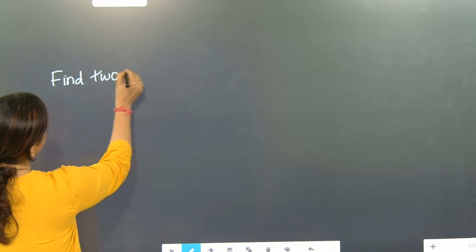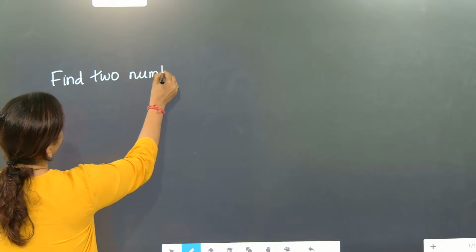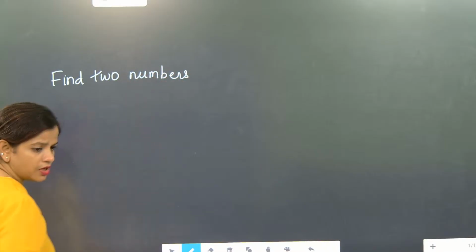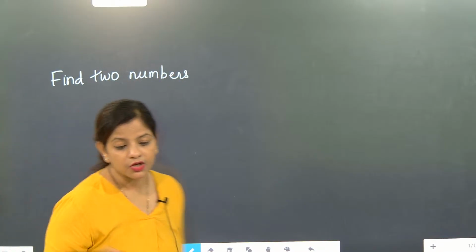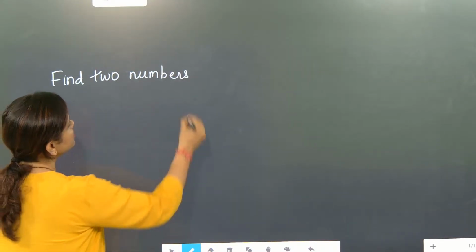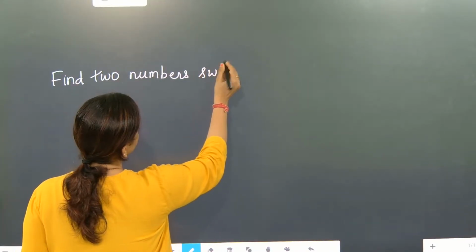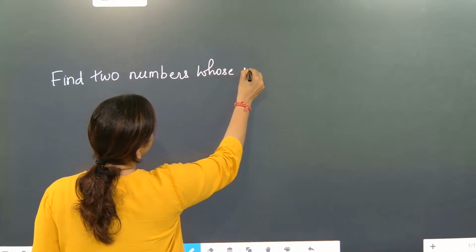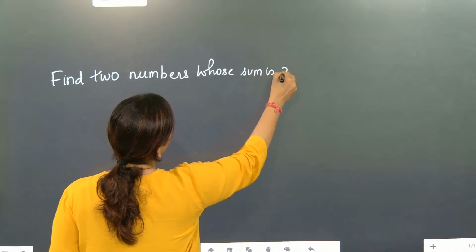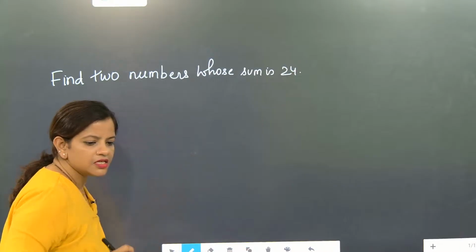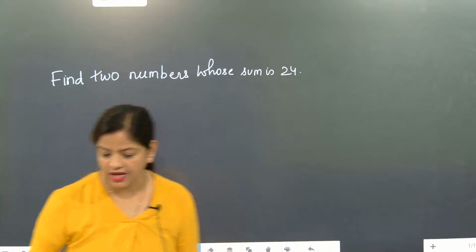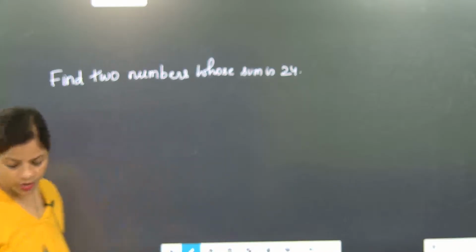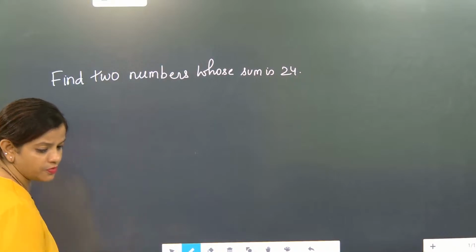First we will start, and in between I will explain to you. Find two numbers whose sum is 24, and whose product is as large as possible.